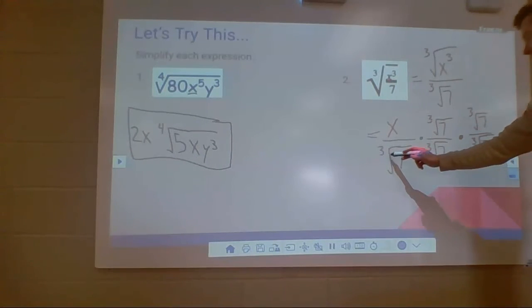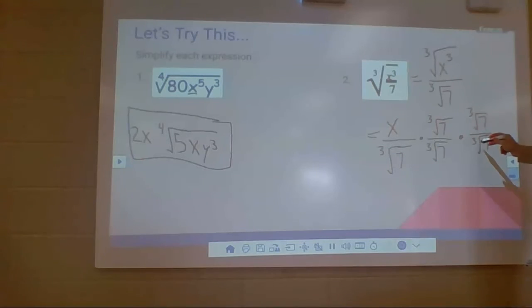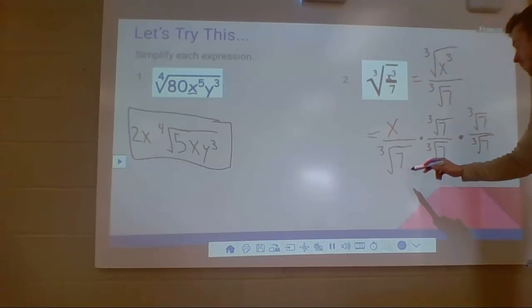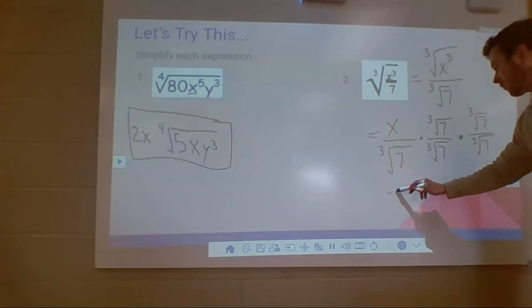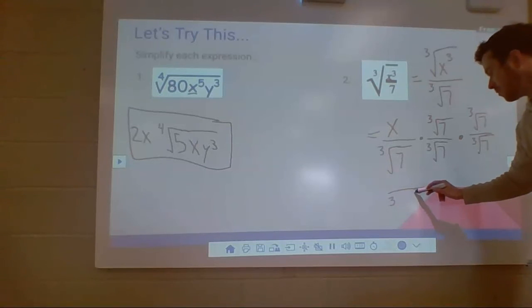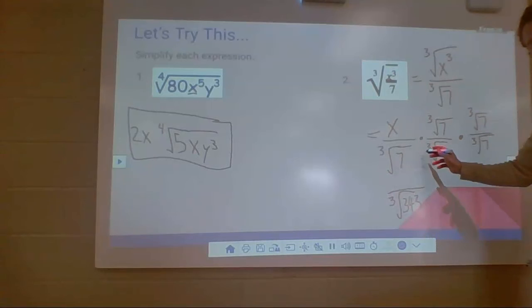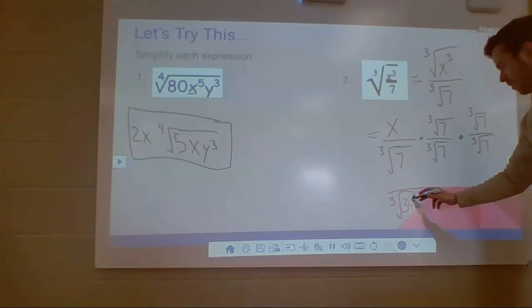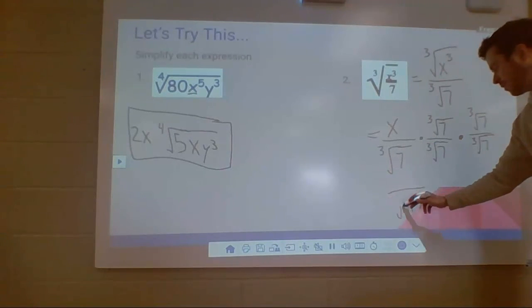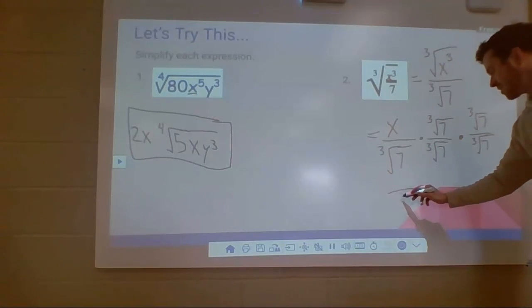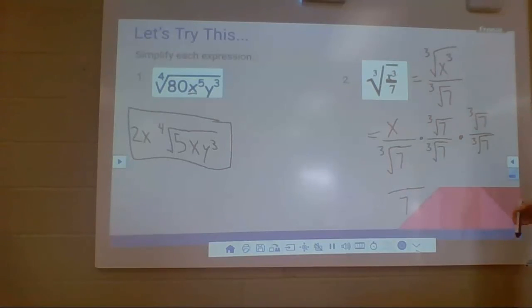So what that's going to give me, I'm going to multiply 7 times 7 times 7, and that's going to give me the cube root of 343. All right, so that's the cube root of 343 equals 7. All right, remember, like I said, I want to get rid of the radical in the denominator. So the cube root of 343 equals 7, because 7 cubed is 343.